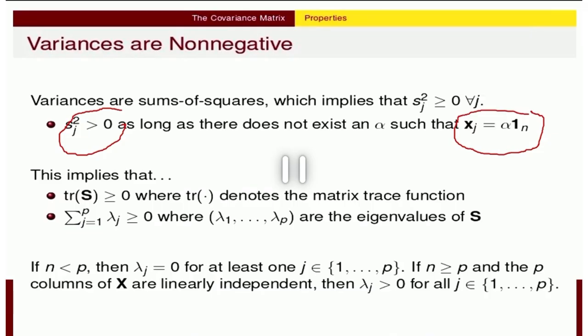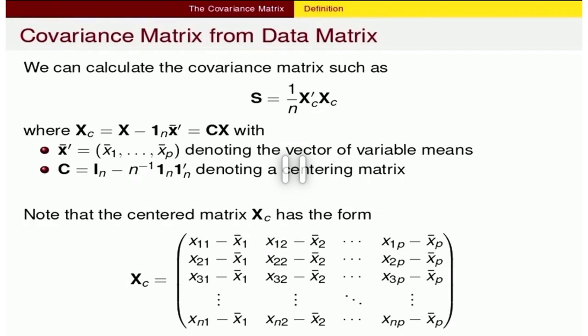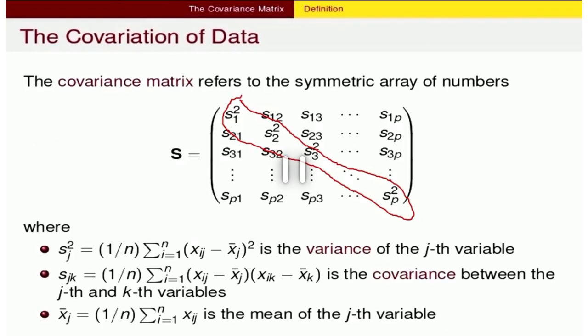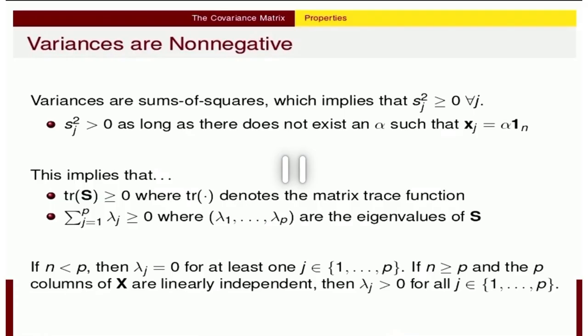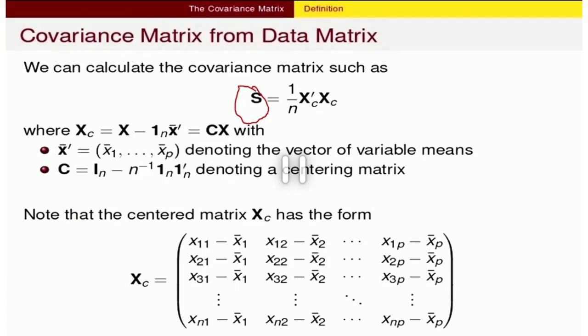And you know what? If I have a covariance matrix, it should look like this. What is the trace? We're talking about the mathematical formula for the trace now. We expect the trace to be the addition of the variances.